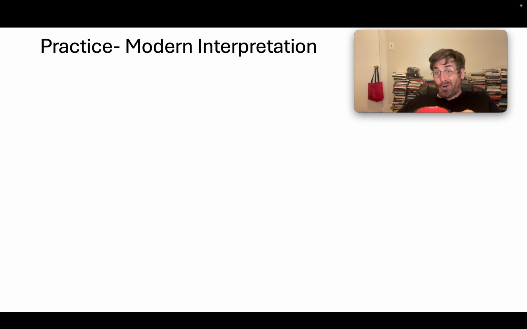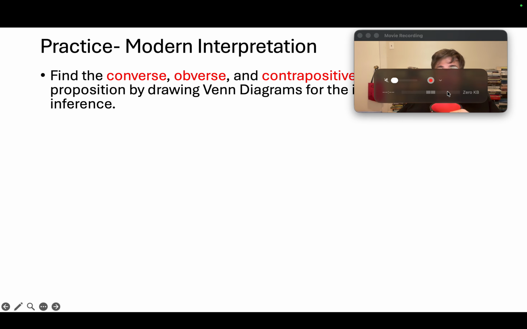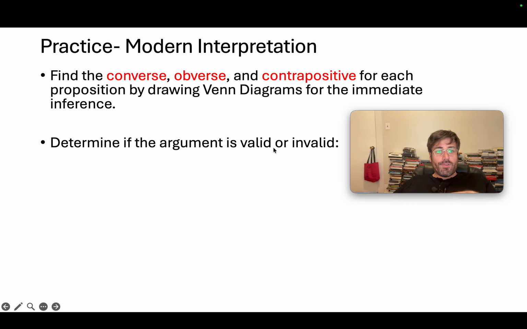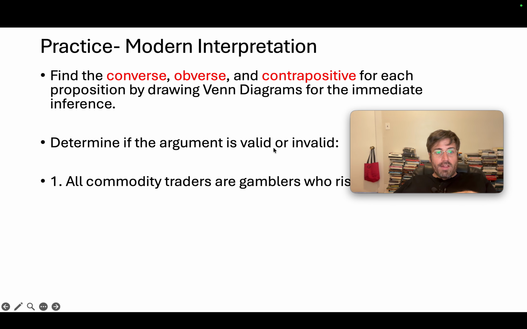The only way to really learn this stuff is to try to find the inferences for categorical sentences, for propositions. So for the following, please find the converse, the obverse, and the contrapositive on the modern interpretation. Write the transformed sentence and try to determine whether or not the inference is valid. Do that for these following sentences.